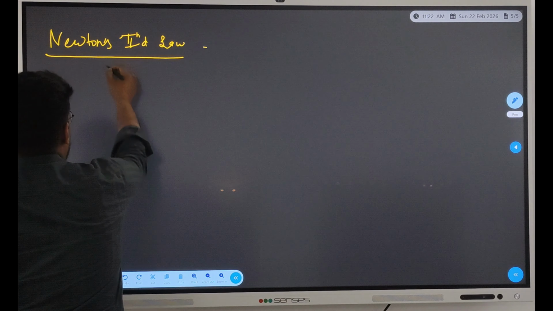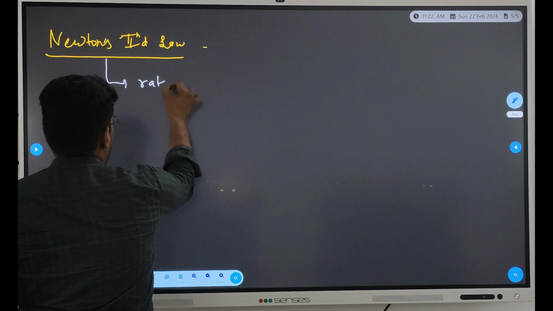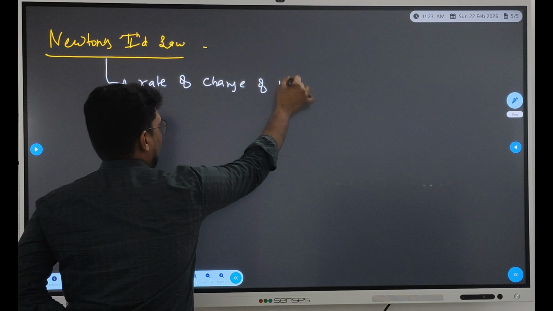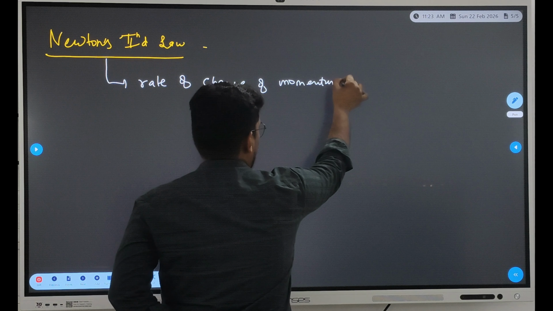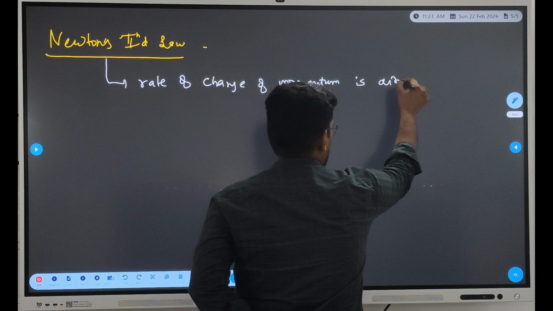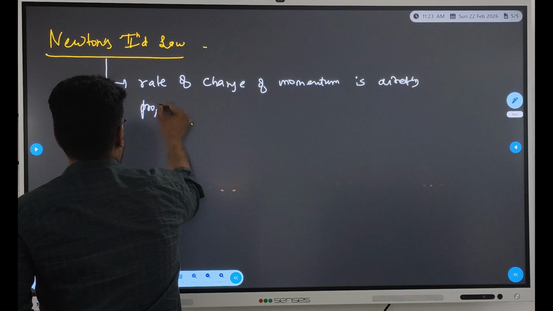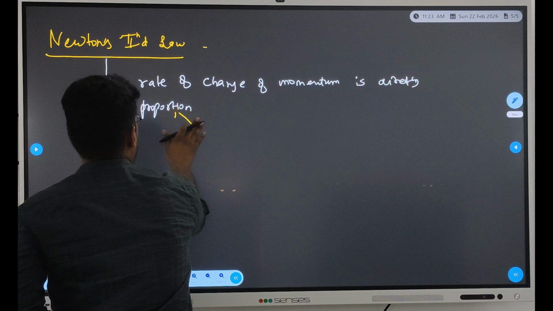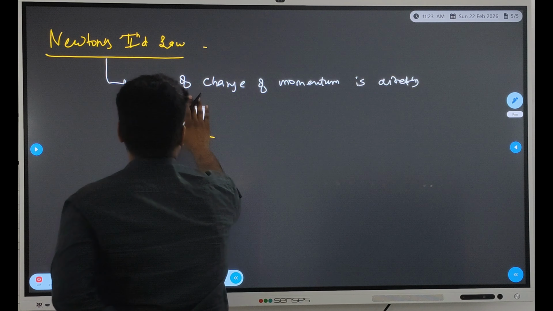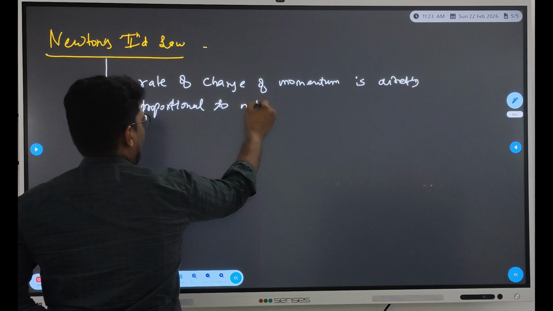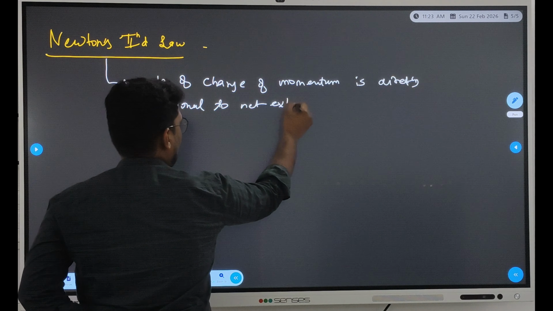So I'm writing it: the rate of change of momentum is directly proportional to the net external force. That's the definition of this second law.